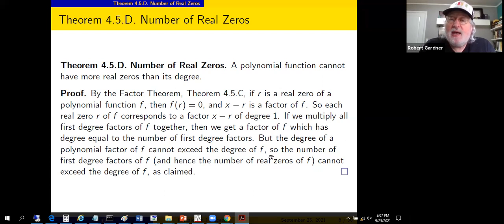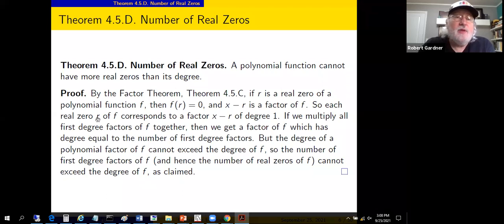But in this case, we have a product of a bunch of factors. How many factors? It's the number of real zeros. Multiply them together, they produce a factor, which is a polynomial of degree the number of real zeros of this polynomial function. That's a factor of the polynomial itself, then the degree of that factor cannot exceed the degree of f.